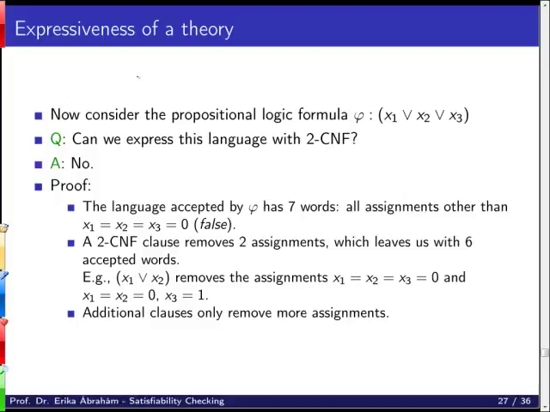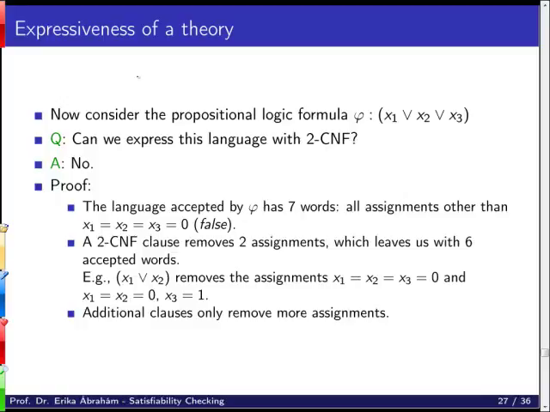If, for example, this clause is x1 or x2, it excludes the combination where both x1 and x2 are false, and x3 doesn't matter. So you remove 2 possible assignments. First, where all are false, and one where x3 is true and the other ones are false. And you already removed 2, but you wanted to remove only a single one. So there are only 6 solutions, and if you add new clauses, it will only remove further solutions.